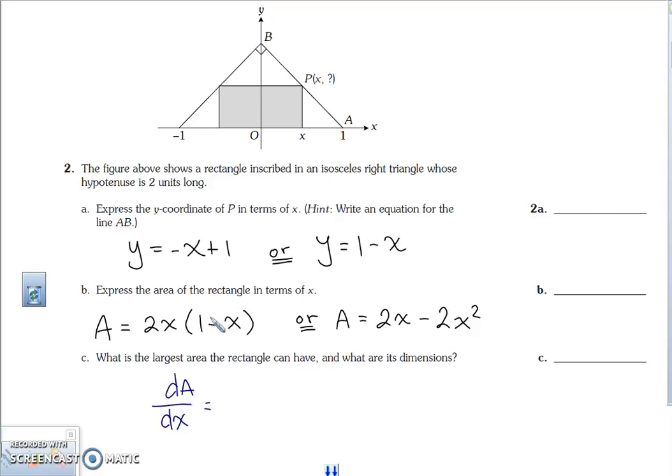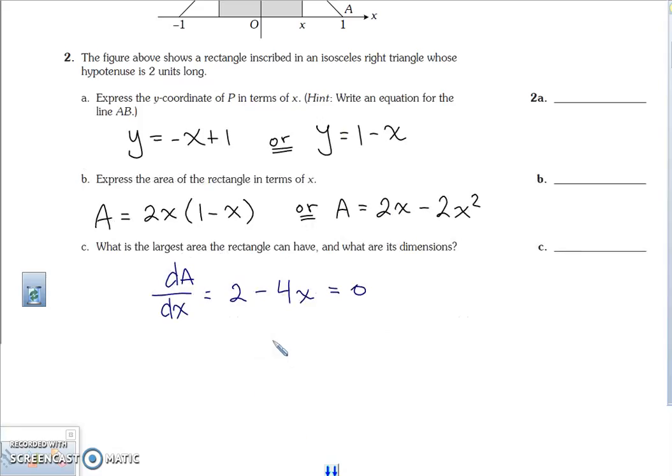I'm going to use this method instead of the left one so I can avoid the product rule. Set that equal to 0 to get my critical number. So x is equal to 1/2.